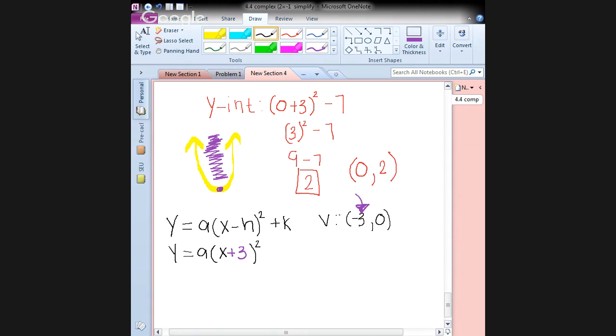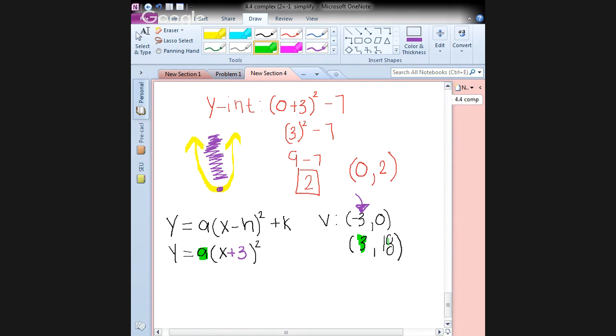Now, they also gave me a point, 3,18. If they're giving me that point, they're giving me an x and a y as well, because we need to solve for this a. We've got to get that a into our formula, and I don't have any other way to do it except solving for it.